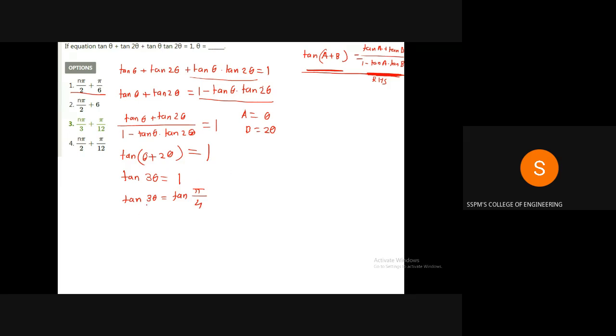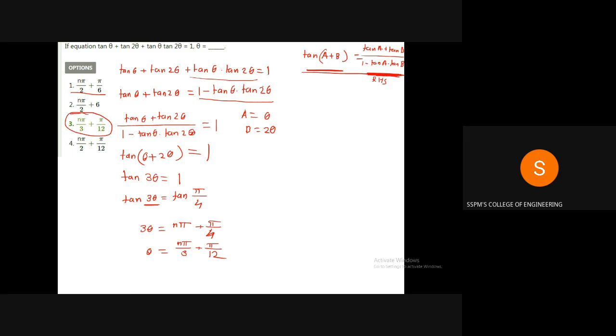This angle 3 theta can be greater than 90 degrees, so we cannot just cancel tan and say 3 theta is equal to pi by 4. We have to convert it like this. 3 theta is equal to n pi plus pi by 4, that is, 3 theta is equal to n pi plus pi by 4, so theta is equal to n pi by 3 plus pi by 12.